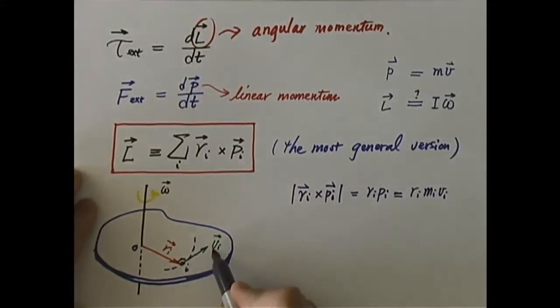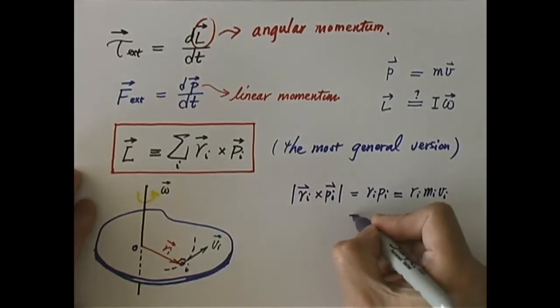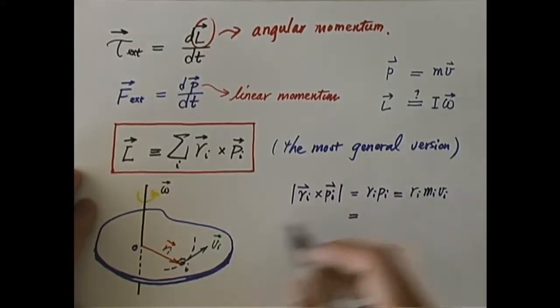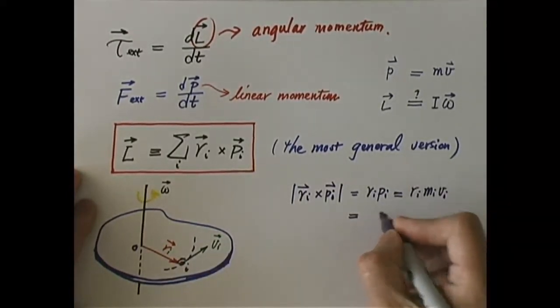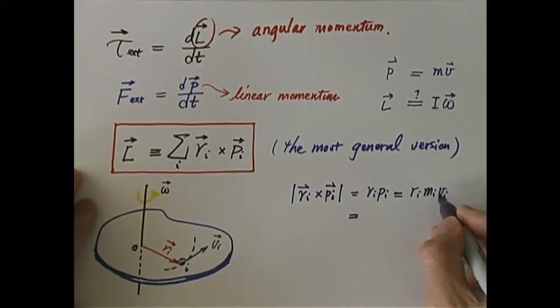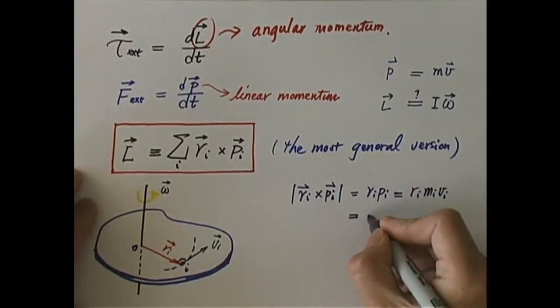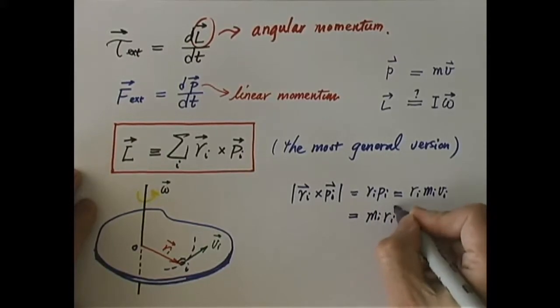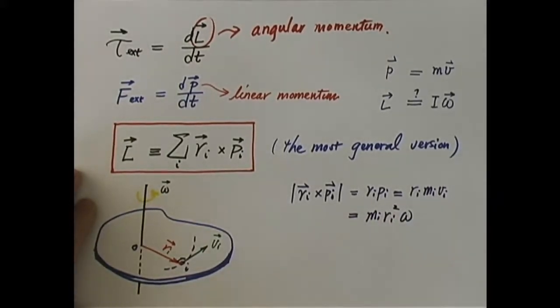Next, let's express vi in terms of omega, because after all, every point has the same omega if it's a rigid body in rotation. So what is vi equal to? It's omega times ri, right? So this is ri times mi times omega times ri. So I get ri squared mi omega. That is the magnitude of the angular momentum of this little particle.